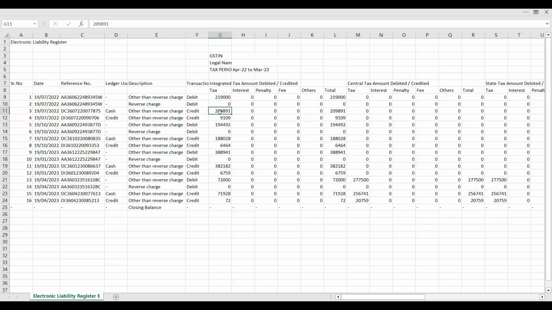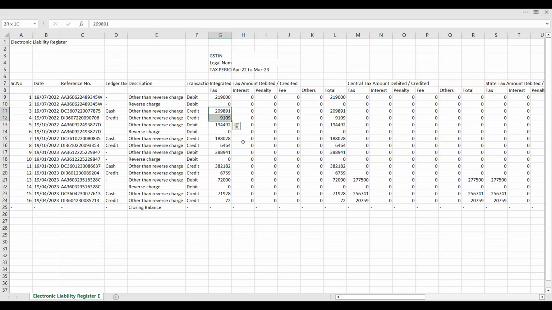And how is this 2,19,000 discharged? Other than reverse charge, through ITC credit. Sorry, through cash, 2,09,891 they have used, and through ITC they have paid 9,109.